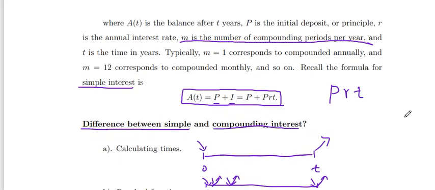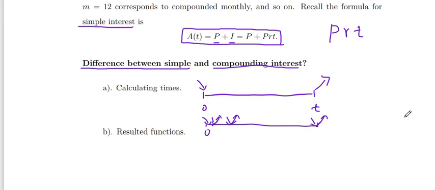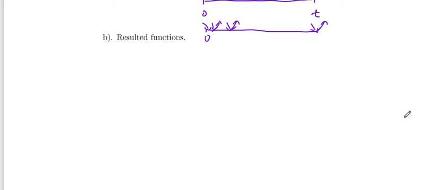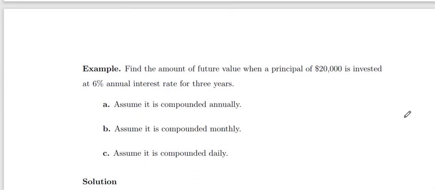So we say as a function, one is a polynomial or linear function, and the other is an exponential function. Okay, so here we mentioned compound more often should have more money.